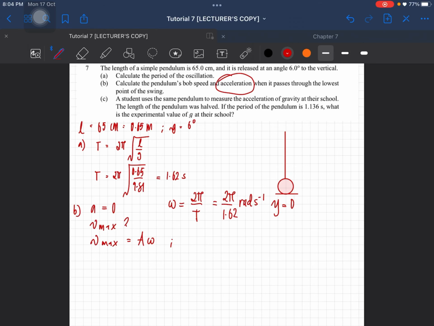And then for the amplitude, it will be equal to L sine theta. So how do we know it's L sine theta? If you see that the pendulum bob is released at an angle of, say, 6 degrees. But 6 degrees is quite big, right? So we need to find its amplitude.